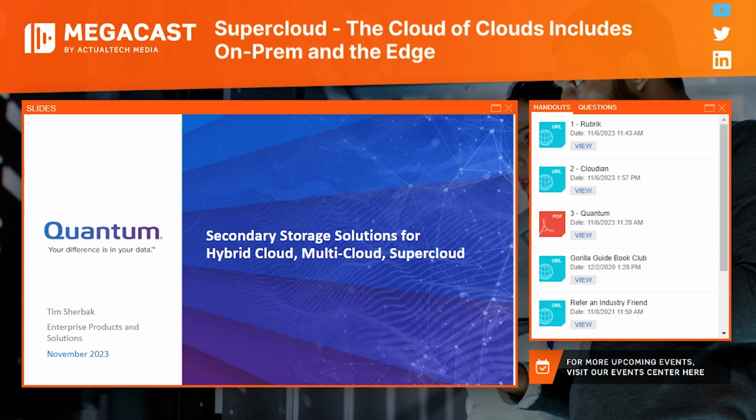And as Supercloud matures and we have a focus on greater transparency across edge solutions, your on-prem data center-based solutions and cloud-based solutions, it's going to provide some great capability as we think about how you can leverage some of these new solutions that are coming. Next slide, please.